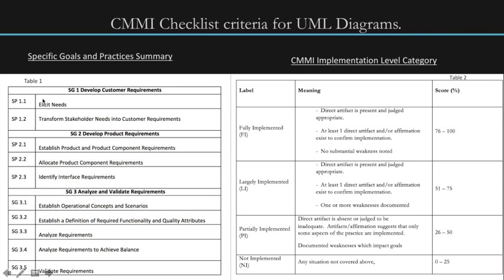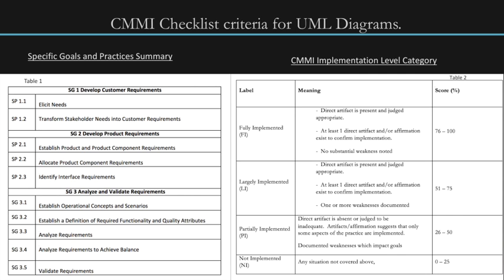Under specific goal 1 we have specific practices: 1.1 elicit needs, 1.2 transform stakeholder needs into customer requirement. These two are under specific goal 1, that is develop customer requirements.